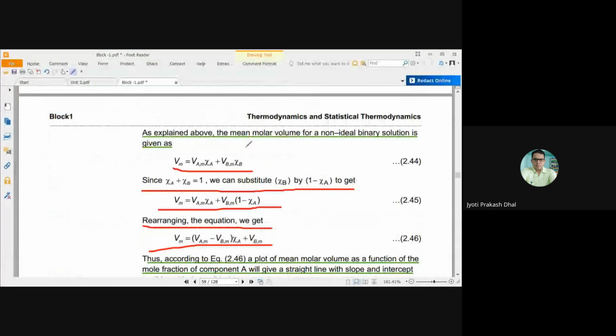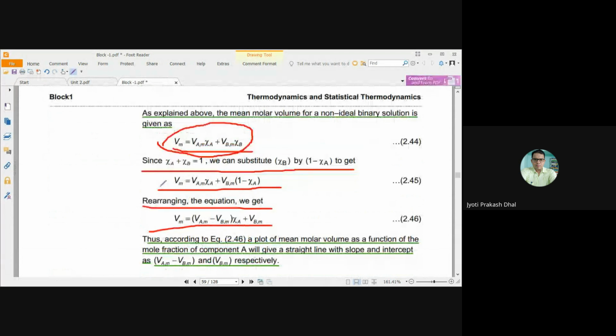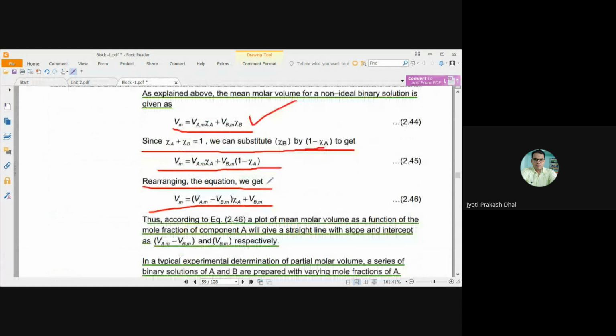As we explained above, the mean molar volume for a non-ideal binary solution is given as Vm equals VmA chi A plus VmB chi B. Since we know that the total mole fraction chi A plus chi B equals 1, in place of chi B we can substitute 1 minus chi A, and hence equation 44 becomes Vm equals VmA chi A plus VmB times (1 minus chi A). That means in place of chi B, we have just written 1 minus chi A.